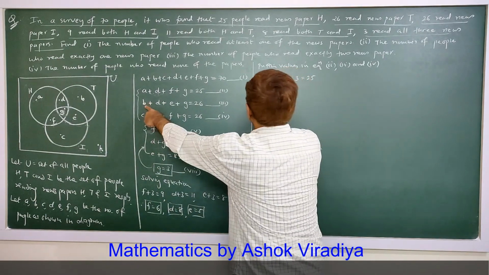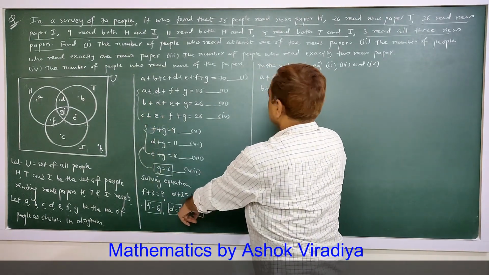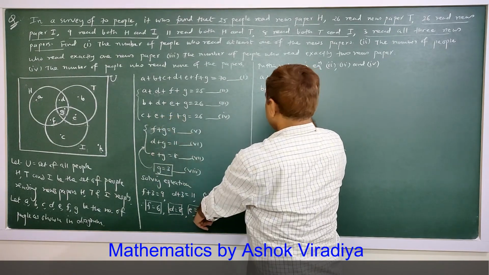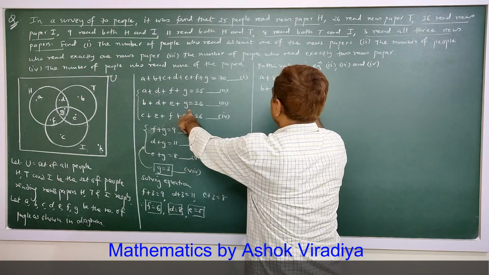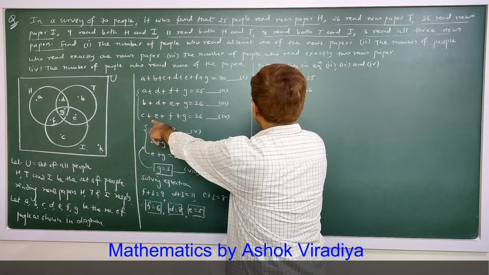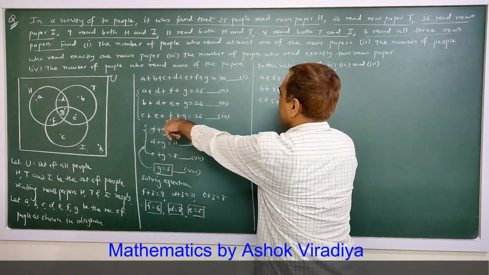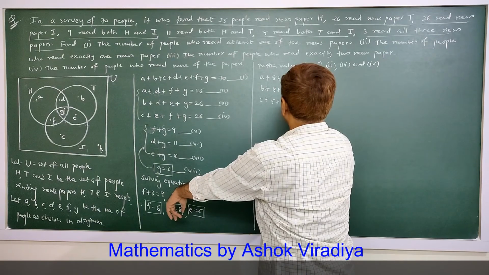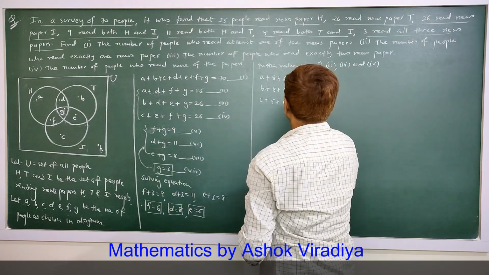Then B plus D, D is 8, plus E, E is 5, plus G, G is 3, is 26. C plus E, E is 5, plus F, F is 6, plus G, G is 3, is 26.